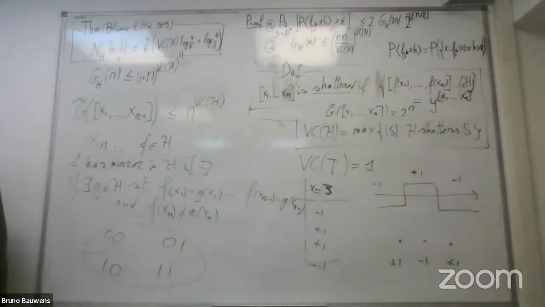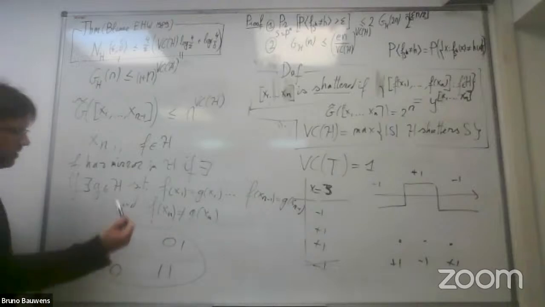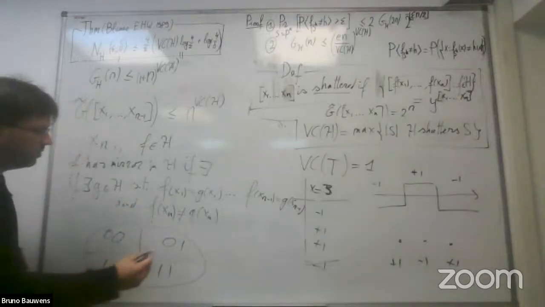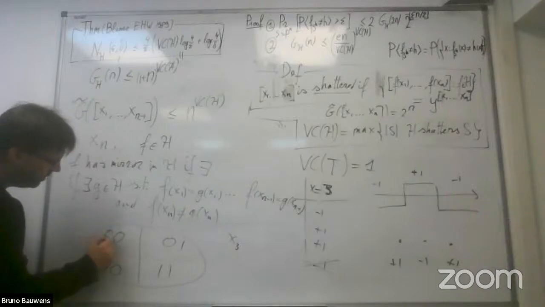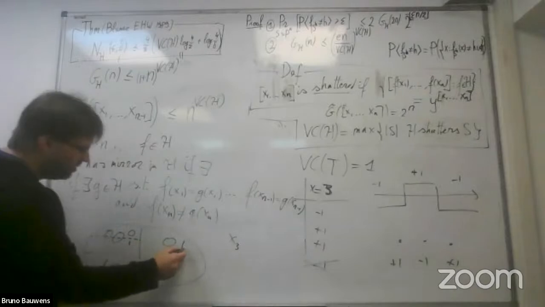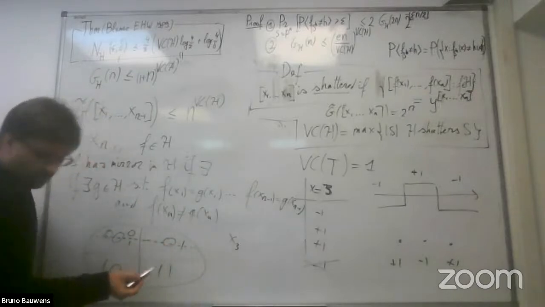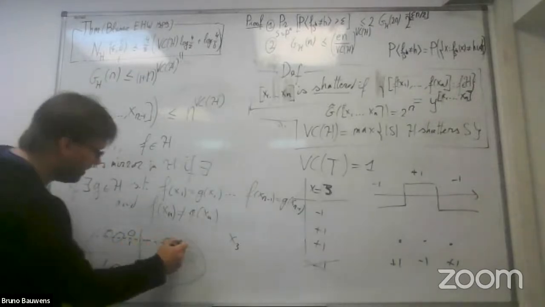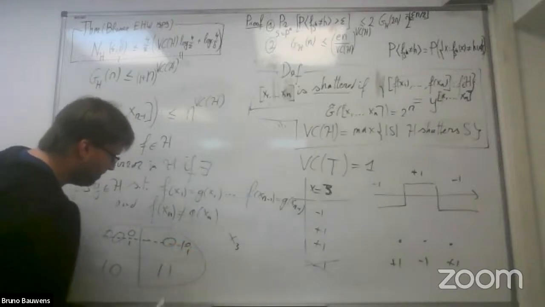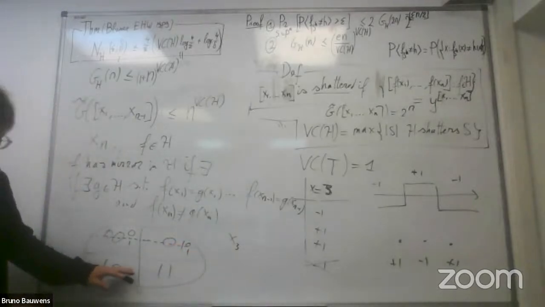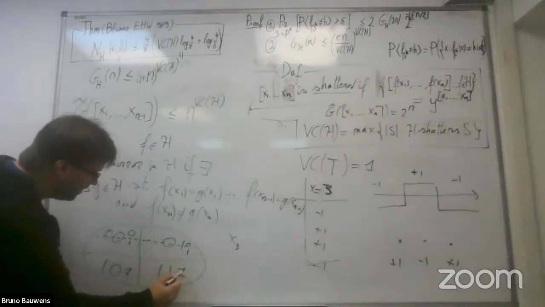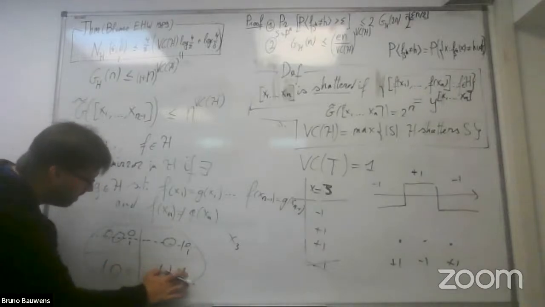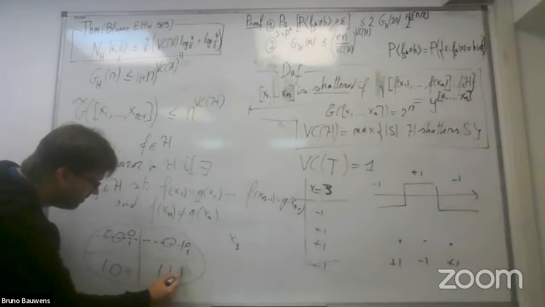So let us consider 4, and now let's look at x3, and it can happen that x3 has 2 dichotomies here, maybe another dichotomy here, but here the values are fixed. So we have a 1 here and a 1 here.